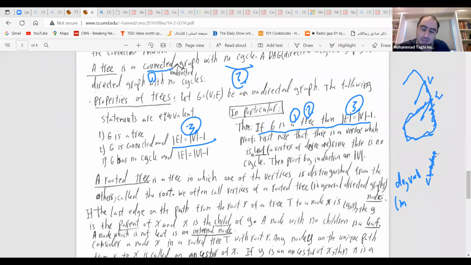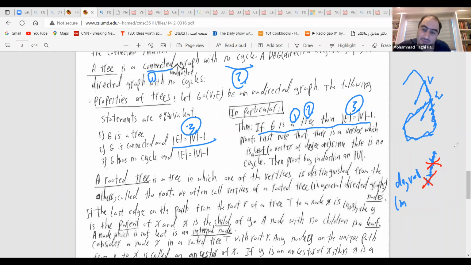So what do we do then? Then you consider this V. This is the lemma that I have mentioned: there is a vertex of degree 1. So I say this vertex is V. Then I will delete V and the one edge that is attached to it.